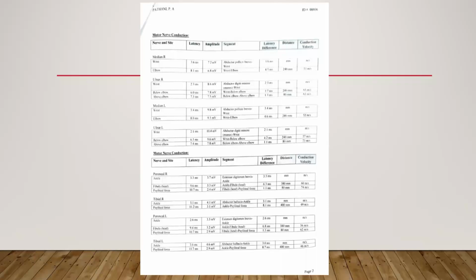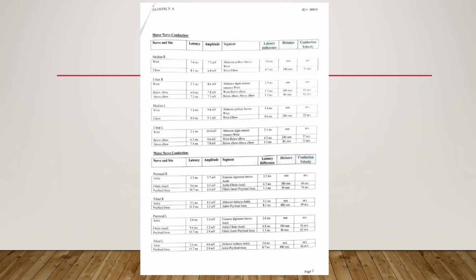Motor nerve conduction study. First looking at the right median, latency looks normal, amplitude also normal, velocity 50, normal, above wrist and elbow also normal. Comparing to left median, latency, amplitude, and velocity above and below wrist and elbow all look normal.